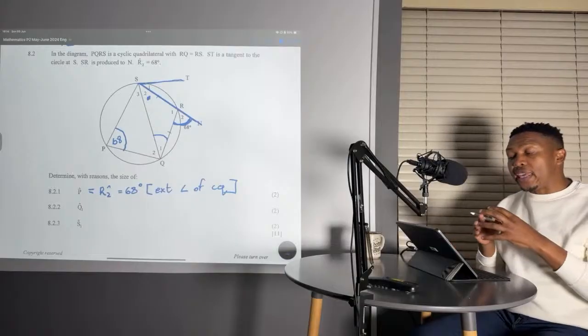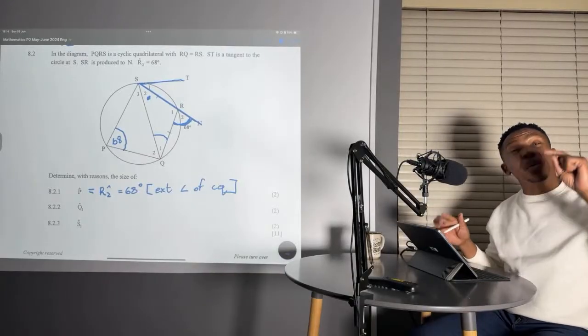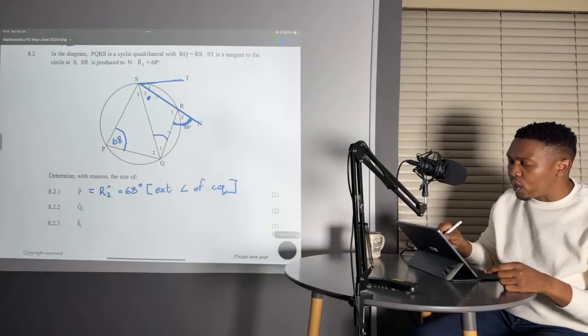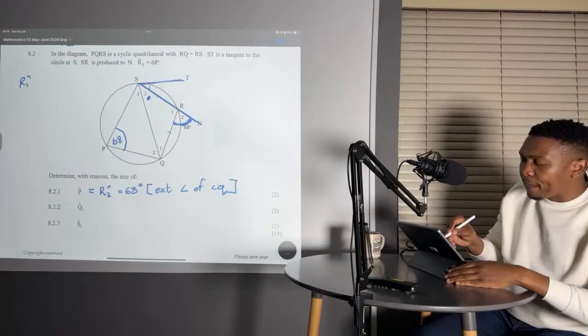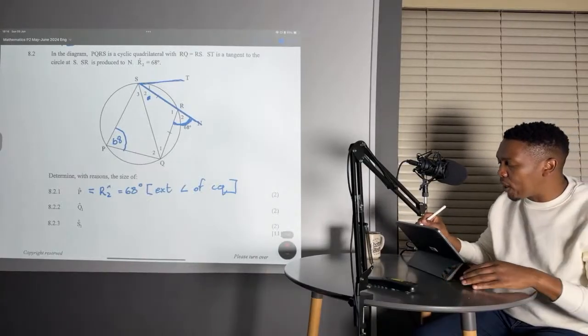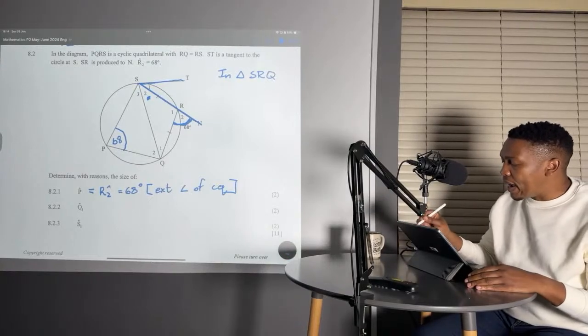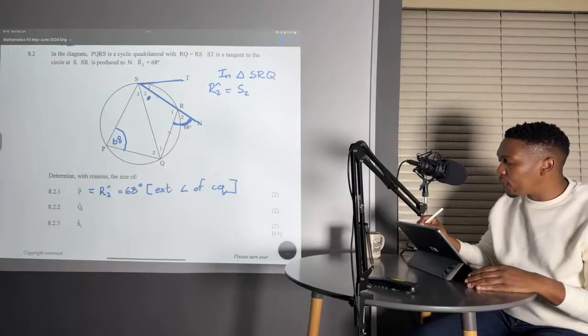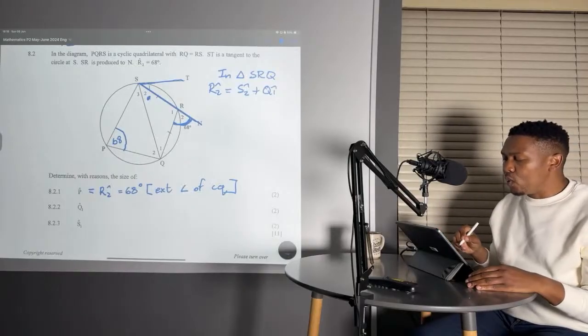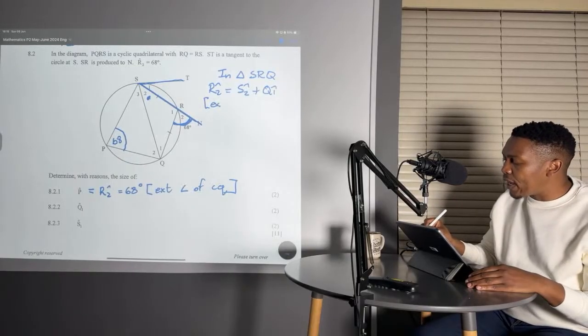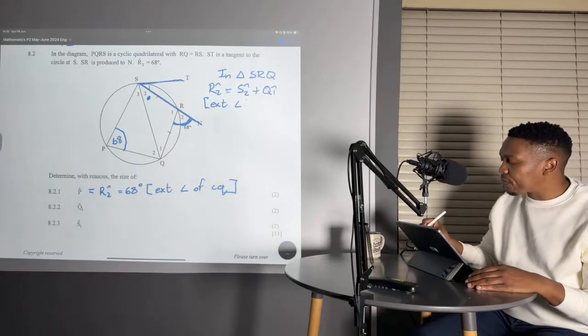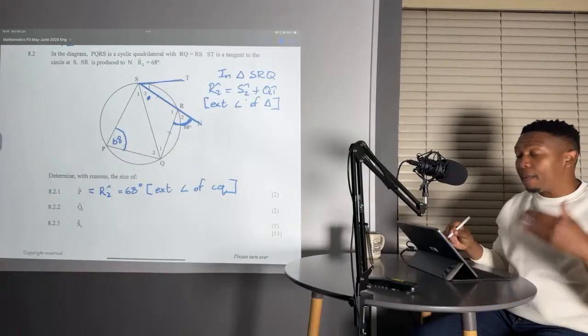And in this case, we know that the exterior angle of a triangle is equal to the sum of the opposite interior angles. So in triangle SRQ, I know that R2 is equal to S2 plus Q1. So that's the exterior angle of a triangle.